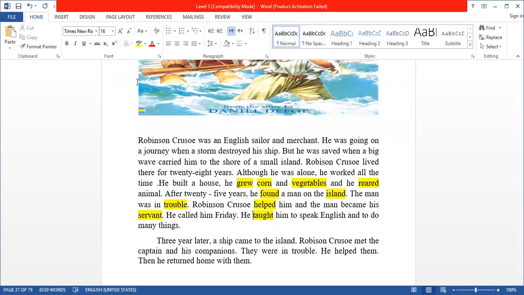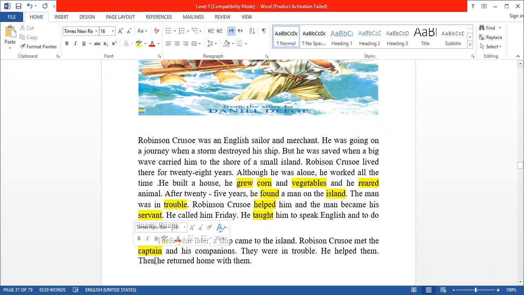Ship came to the island. Robinson Crusoe met the captain. The captain here, it means what? Captain, the person in charge of the ship, يعني الشخص المسؤول عن السفينة. Captain.